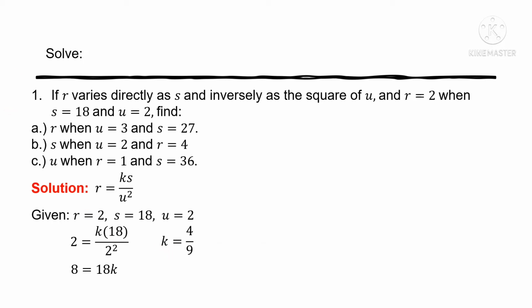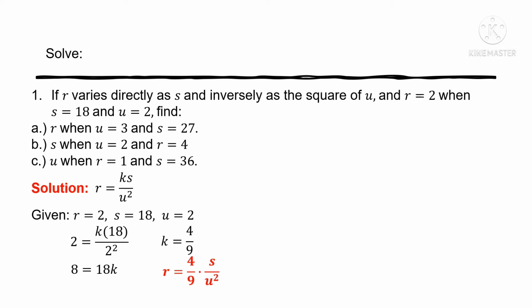So, magkakaroon na tayo ng equation of variation or formula. So, paano yon? Papalitan lang natin itong k ng 4 over 9. So, magiging R equals 4 over 9 times S over U squared. Fraction kasi yung constant variation natin, kaya lalagay natin siya dito, 4 over 9 times S over U squared.